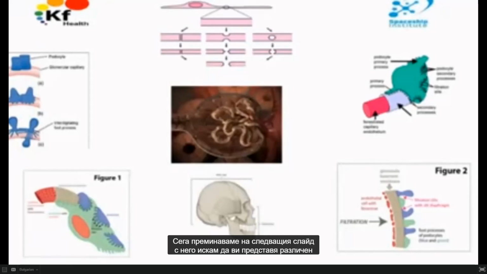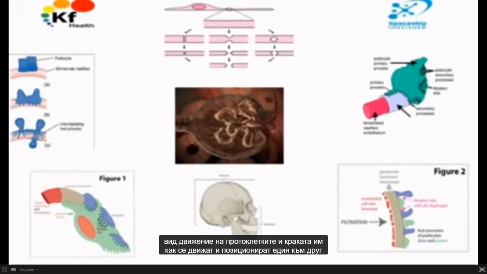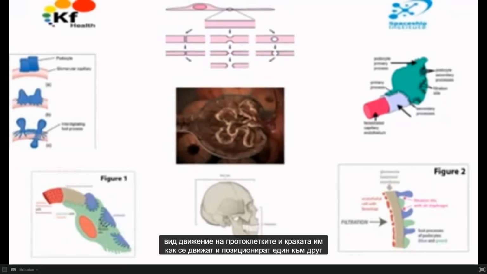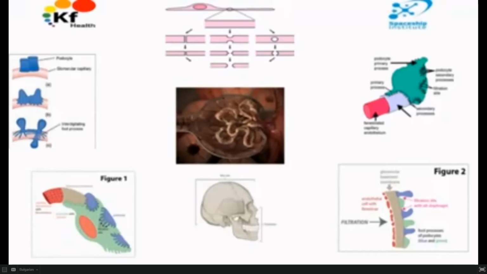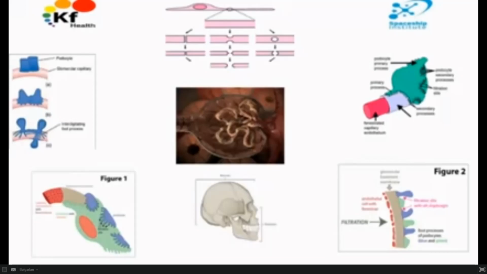With the 19th slide, I want to represent to you different kinds of movement of podocytes and their legs, how they move and position themselves relative to each other in different geometrical views, and because of that, they form different walls between them.